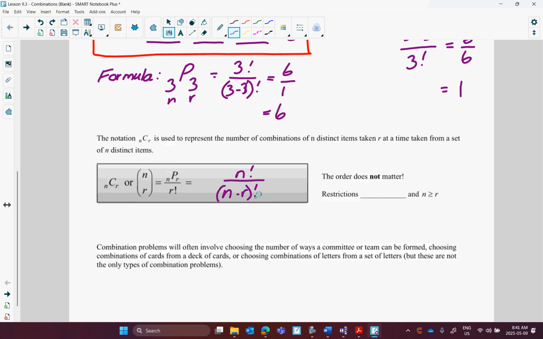That's the permutation formula. But to divide away the order, I have to divide by r factorial as well. So this gets rid of the order and turns it from a permutation into a combination.